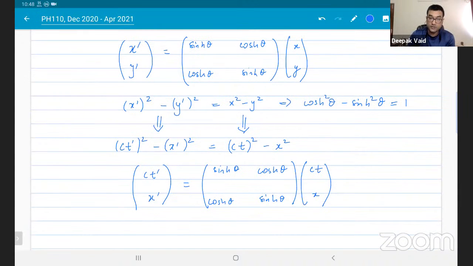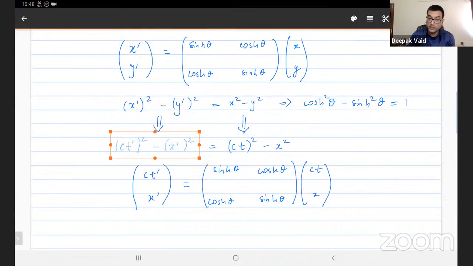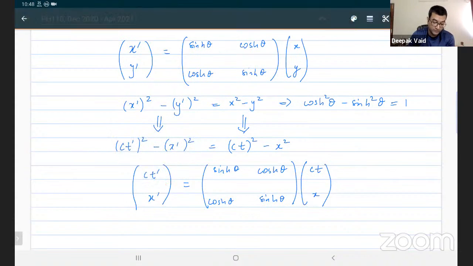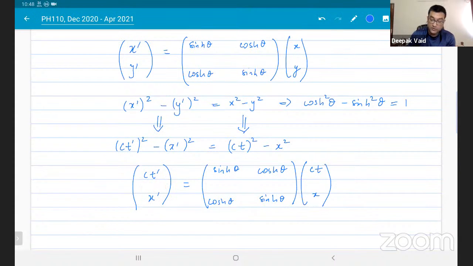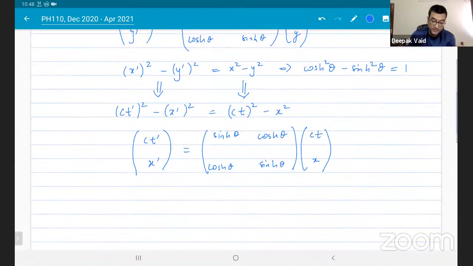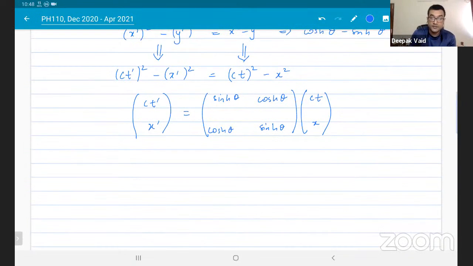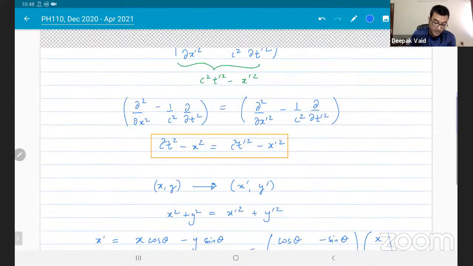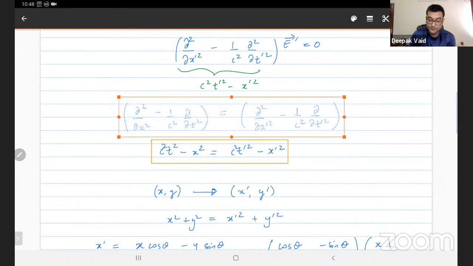And if you do this and you calculate the square of this minus this, you will get that this is preserved. So if you have this sort of a transformation, then what will that imply? That will imply that this operator will be the same.